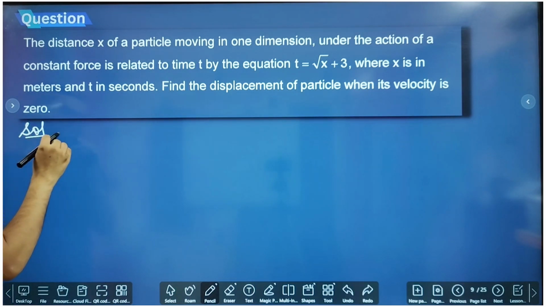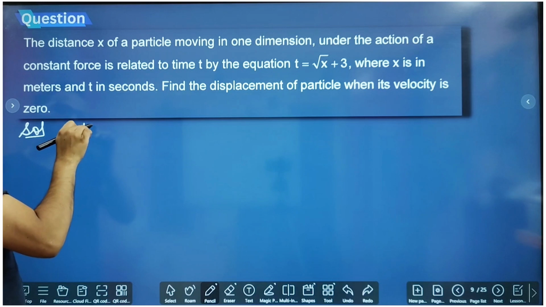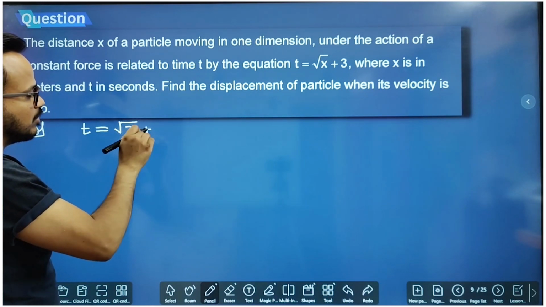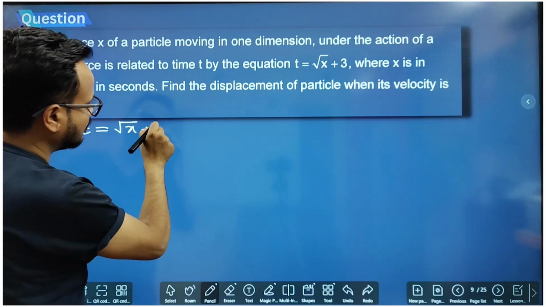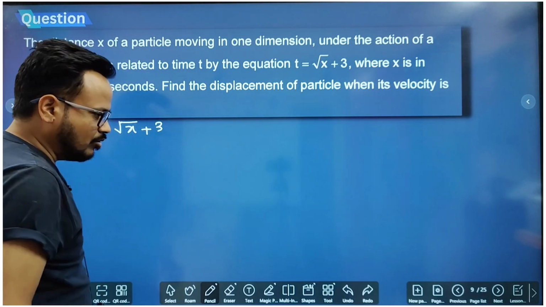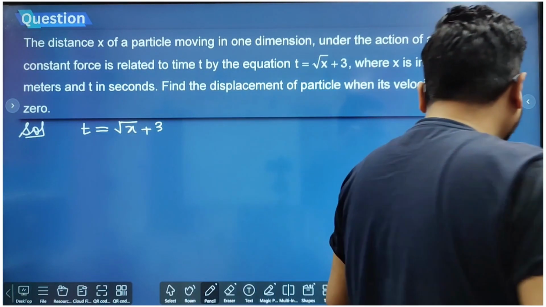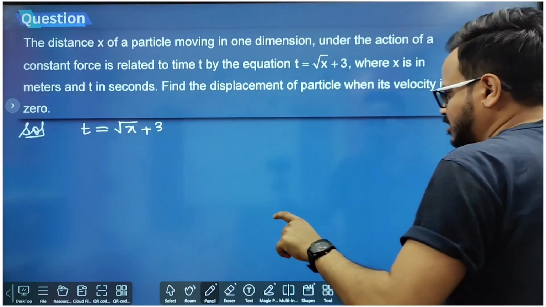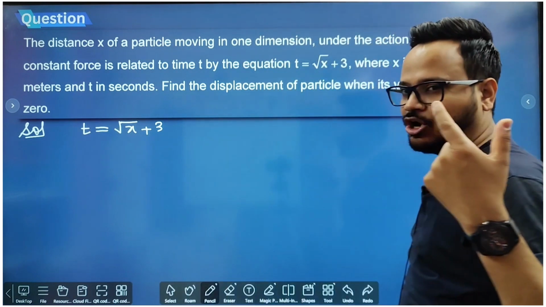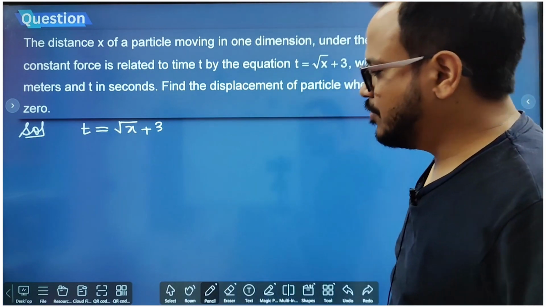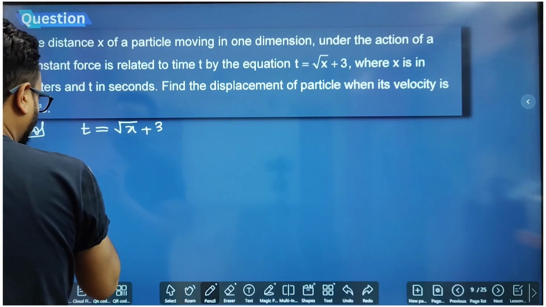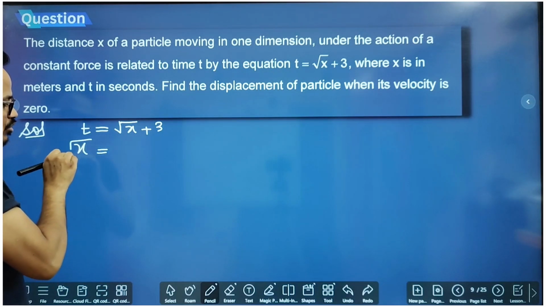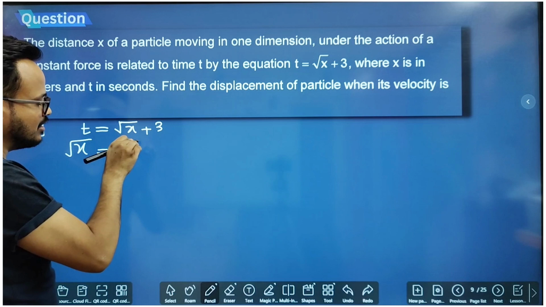Now here a function is given, t equal to root x plus 3, and we know that to find velocity we need x as a function of t, but here it is given as t as a function of x. So we will first make it in this form so that we get x in terms of t. So root x is t minus 3.